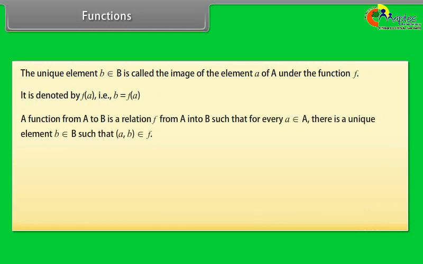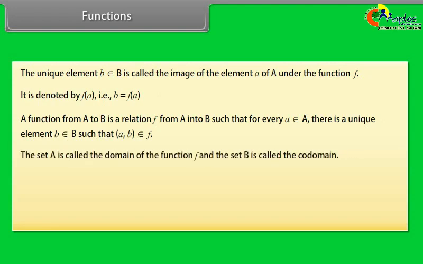A function from A to B is a relation f from A into B, such that for every a belonging to A, there is a unique element b belonging to B, such that (a, b) belongs to f. The set A is called the domain of the function f and the set B is called codomain.